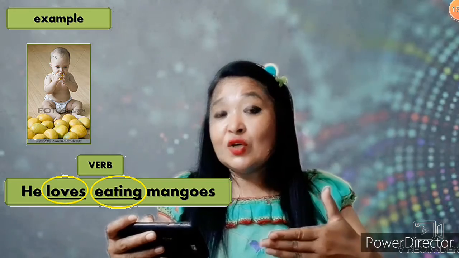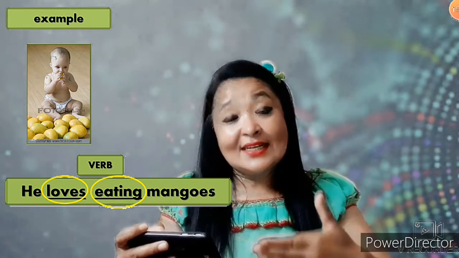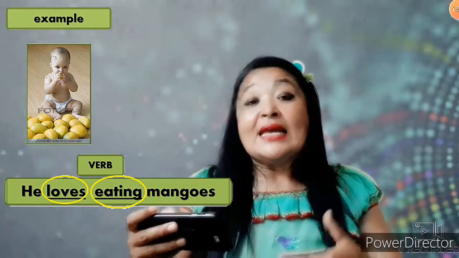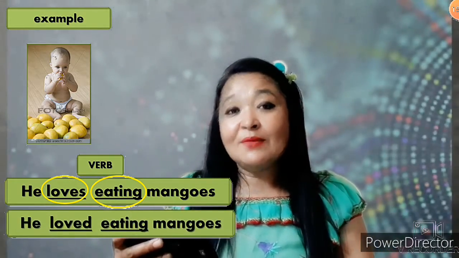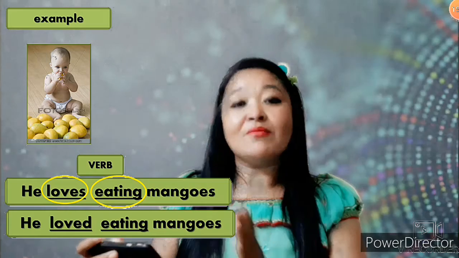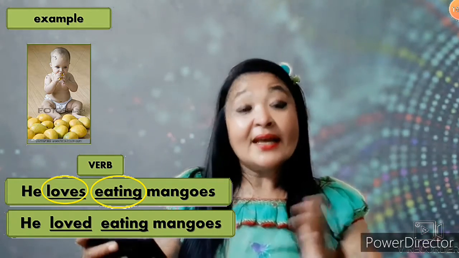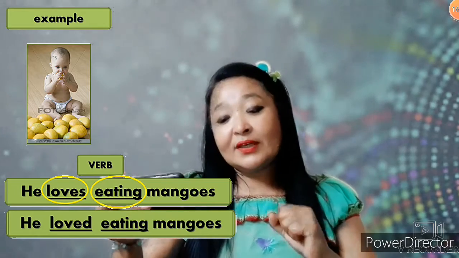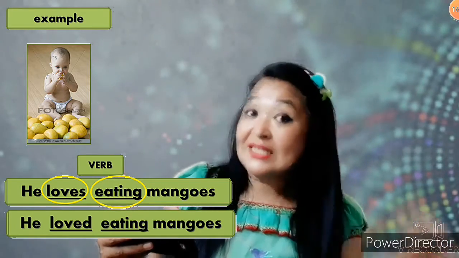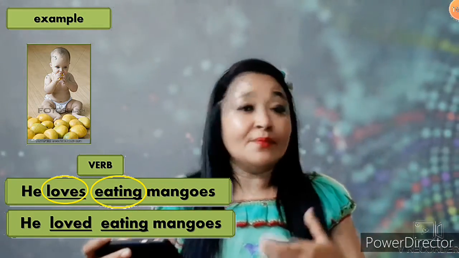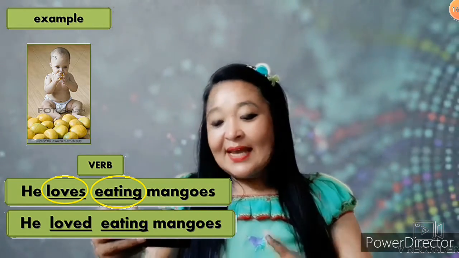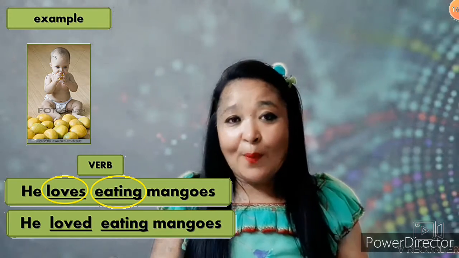So when you try to change this sentence into past tense, how does it sound? He loved eating mangoes, right? So the first verb can be changed into past tense. Loves became loved. So that is a finite verb. Whereas eating does not change its form.